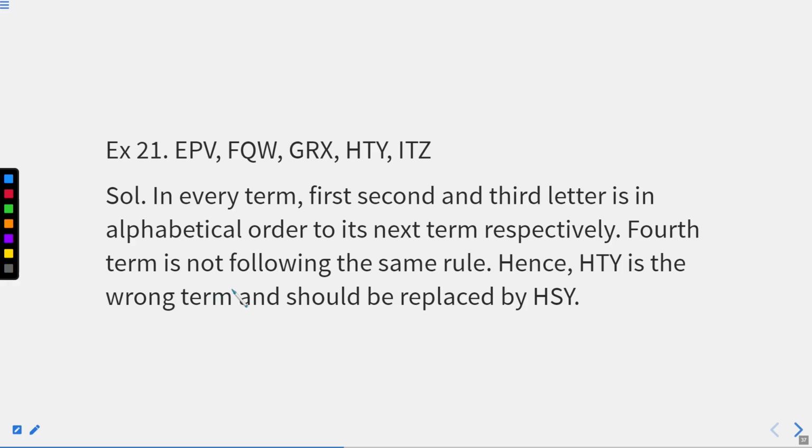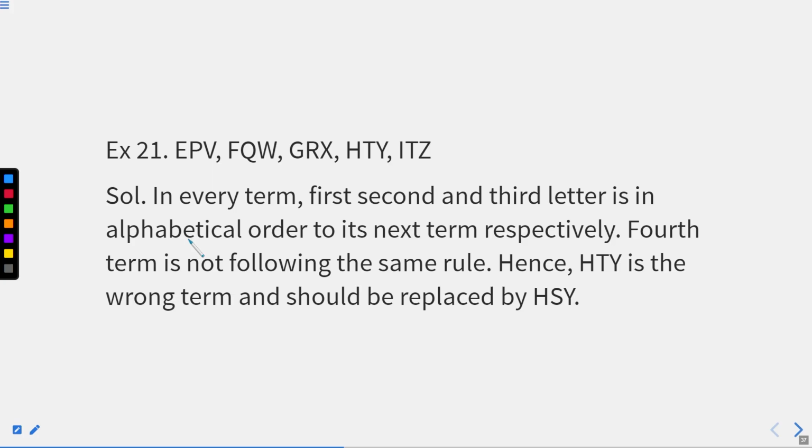Now we have the next question again on the basis of alphabets. So I'll quickly do it for you, as you now know what is supposed to be done. We know that the sequences are having terms like EPV followed by FQW followed by GRX followed by HTY and ITZ, right? Here we know that every term, that is first, second and third letter, is in alphabetical order, but there is one term which is not following the same sequence.